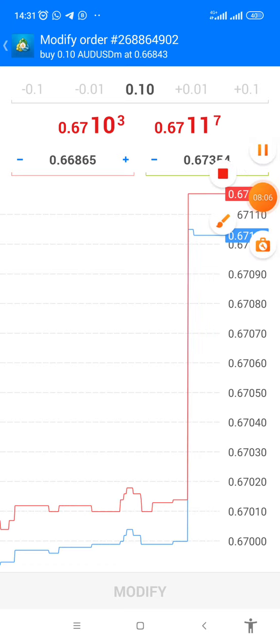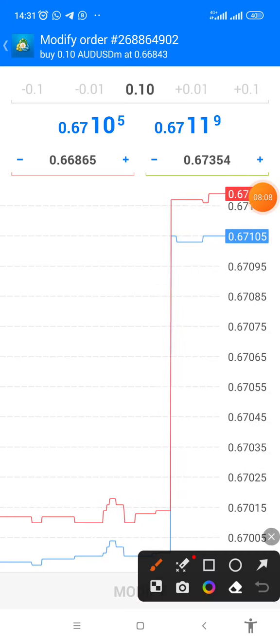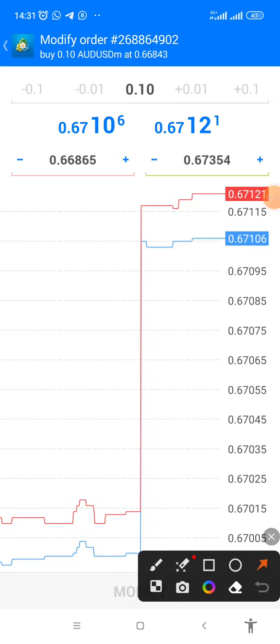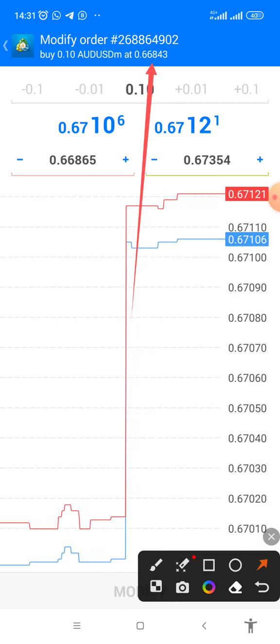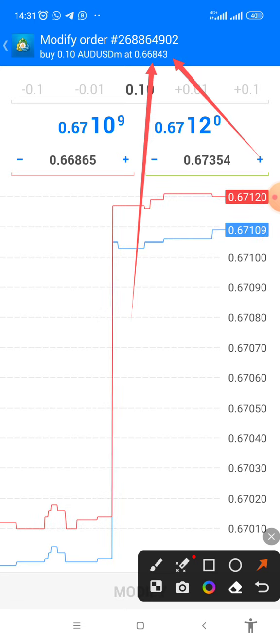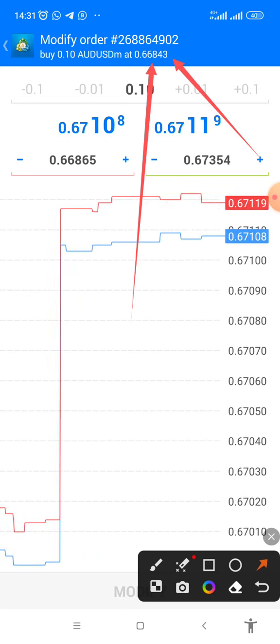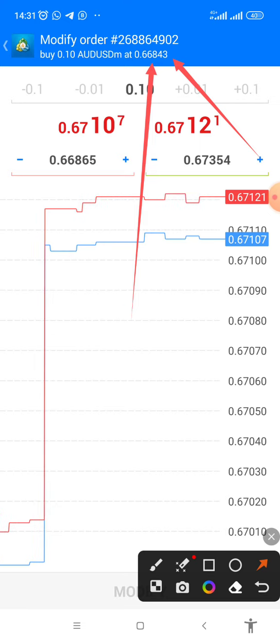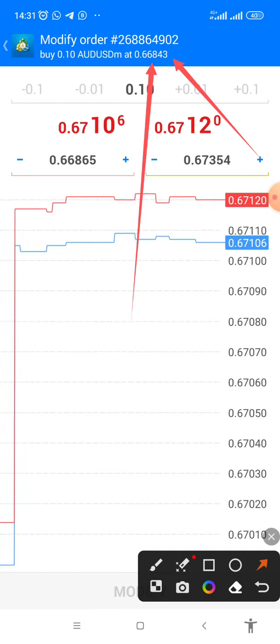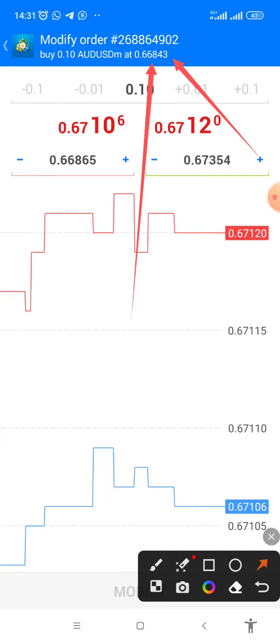When we get to this point, you have two areas to watch. The first area to watch is up here, to where the arrow is pointing. You will see that modify order, the quote of the order is there, and you will see below it buy 0.10 AUD USD at the price at which you bought.